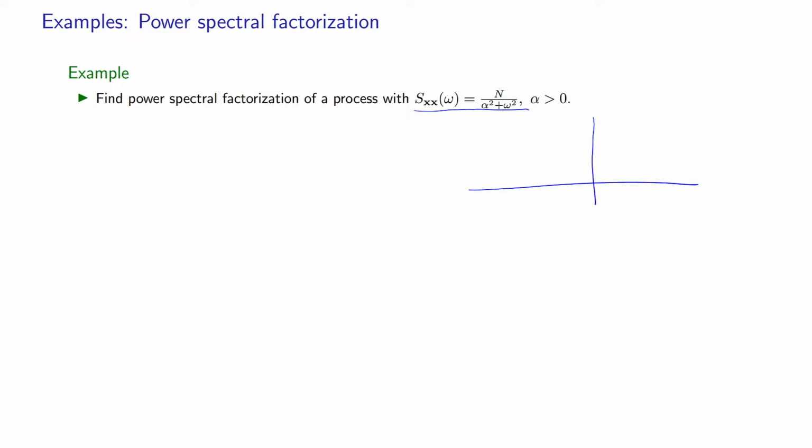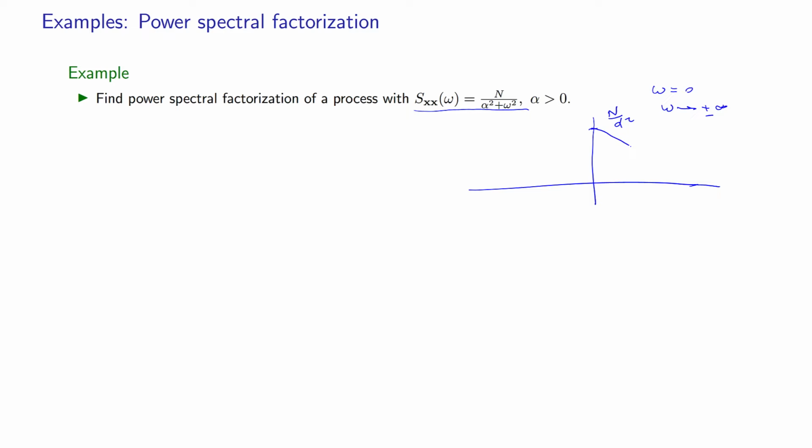If omega is equal to 0, the denominator is minimum, so the power spectrum is the highest, so you get N over alpha squared. And if omega goes to either plus infinity or minus infinity, this power spectrum becomes 0.